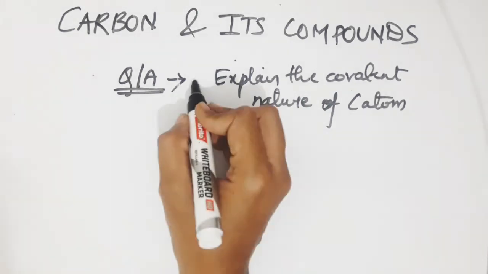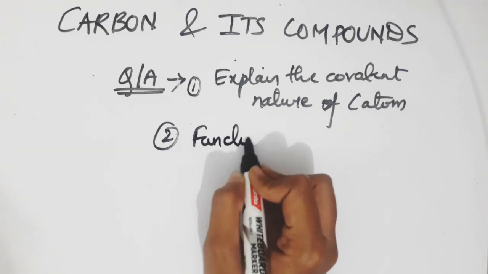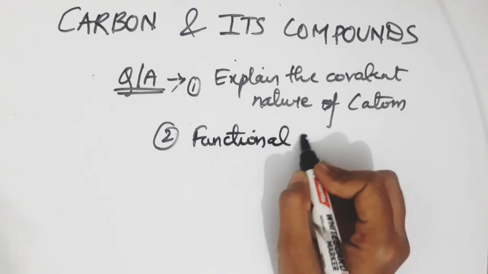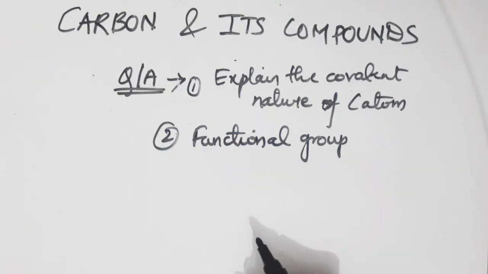Now the second question that can be asked from this topic is the definition of functional group. A functional group is an atom or group of atoms that defines the structural or the chemical and physical properties of an organic compound.